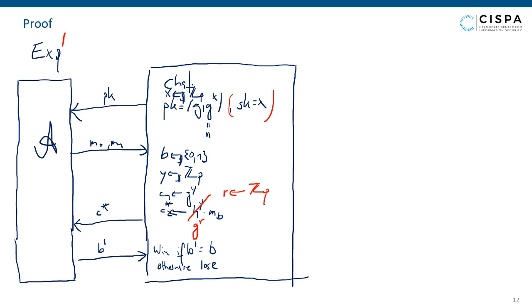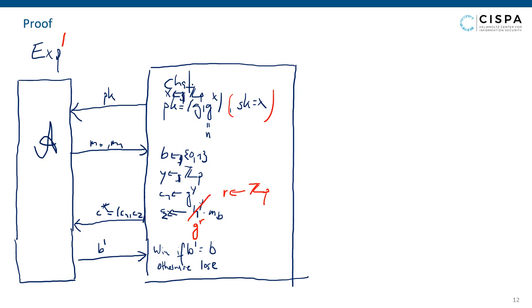Now, I've already alluded to earlier that essentially this ciphertext, I'm seeing that there's a small writing mistake here. This is, of course, called C2, and C ast consists of C1, C2.